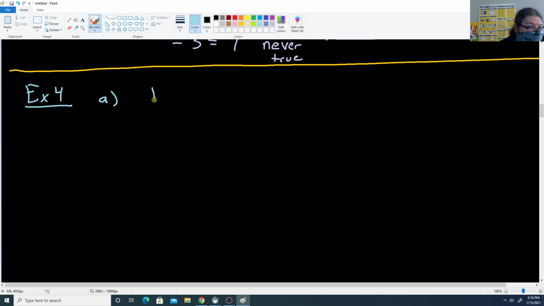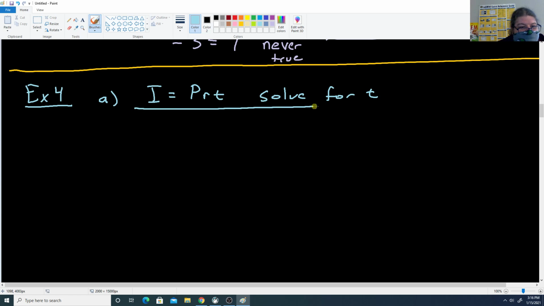So part A, they give us the equation I equals P R T, and we want to solve this for T. What that means is get T by itself on one side of the equation and everything not T on the other side.